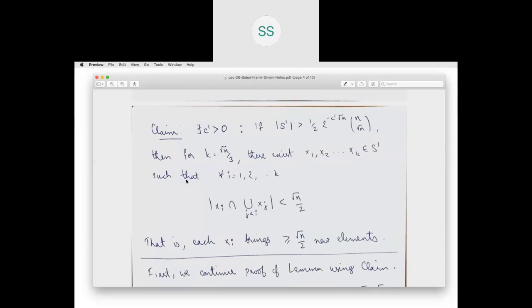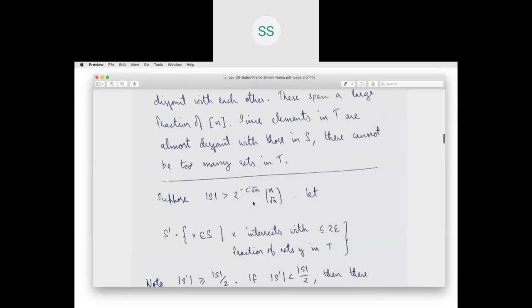Okay, so now we will state a claim. The proof of this claim will be given in the next lecture. So first I will state the claim. The claim is that there exists a C dash. The C dash is going to come from this claim, even though we stated C dash here.